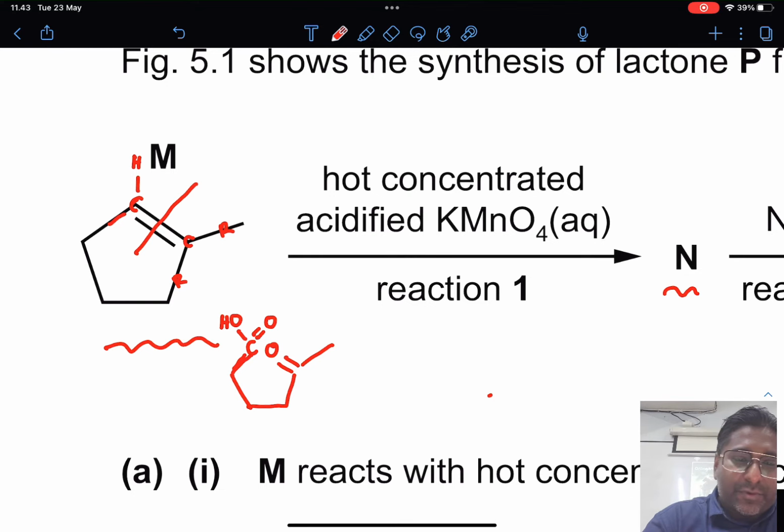So we can have a total of 1, 2, 3, 4, 5, and then 6, six carbon.